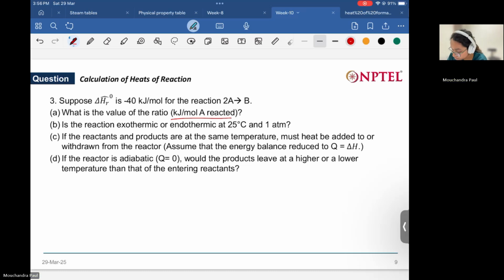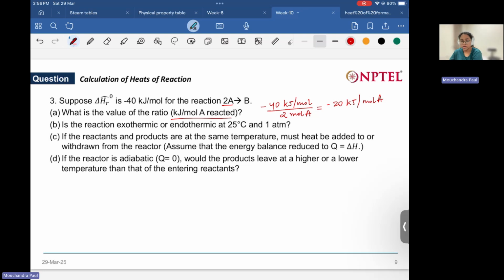It's easy. It will be minus 40 kilojoule per mole. Now, stoichiometrically, there are 2 moles of A involved in this reaction, so that means minus 20 kilojoule per mole of A.